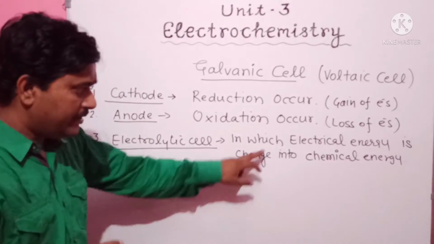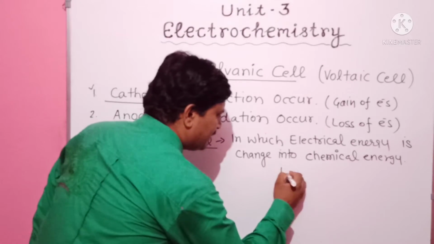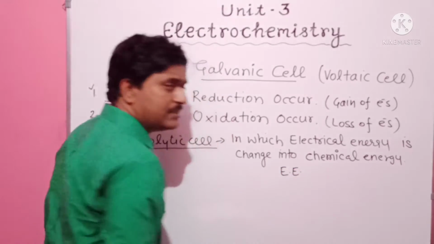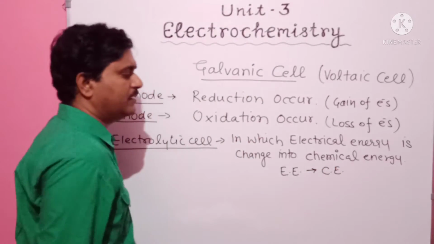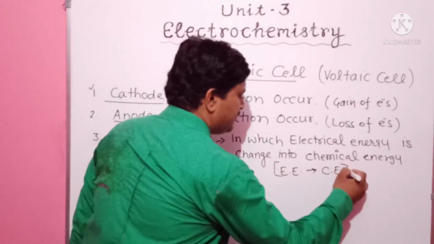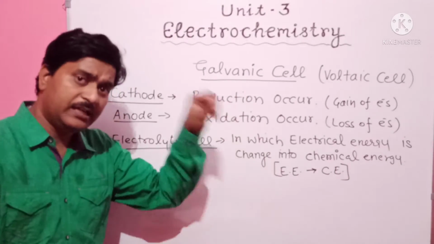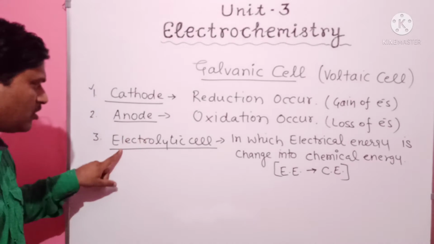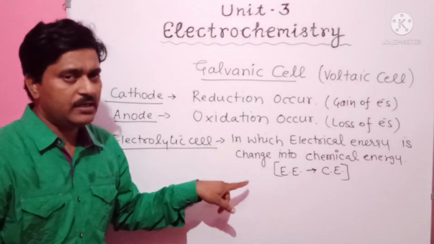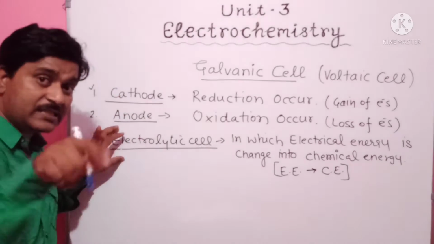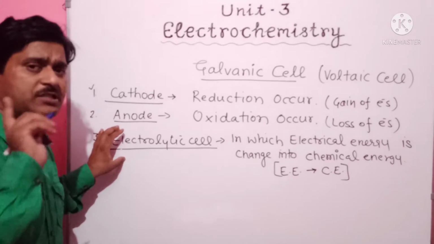The cell in which electrical energy, EE, is changed into chemical energy, CE. If this process occurs in any cell, that cell is called an electrolytic cell. That topic will be discussed later in another lecture of this chapter.